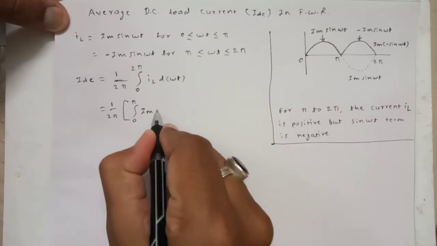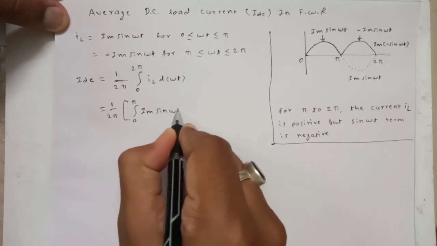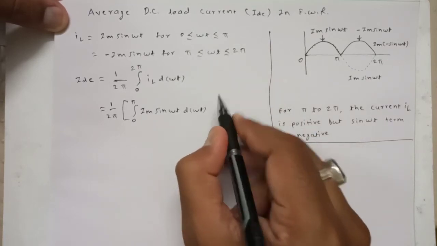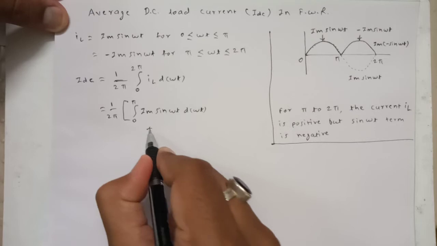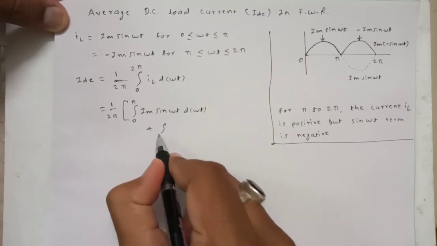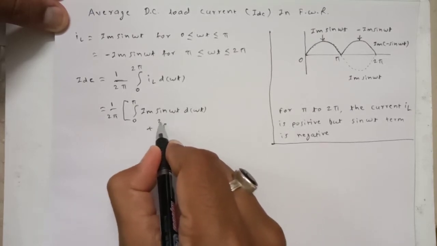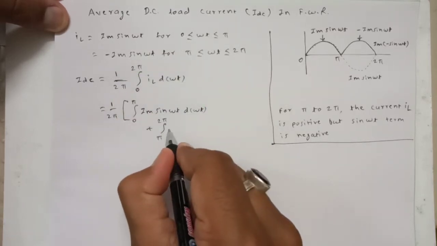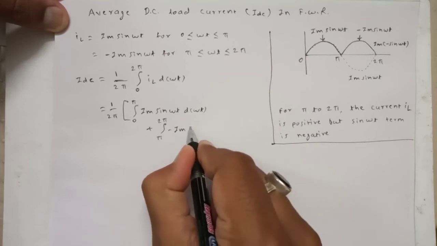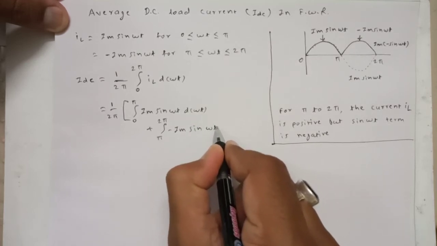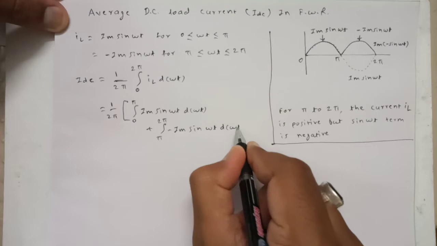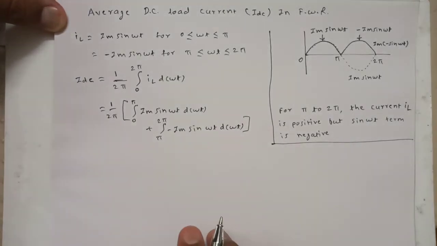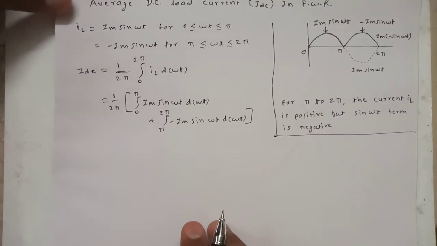So it is Im sine omega t d omega t, plus the integration from pi to 2 pi, where the value of IL is now minus Im sine omega t d omega t. This bracket is now completed.